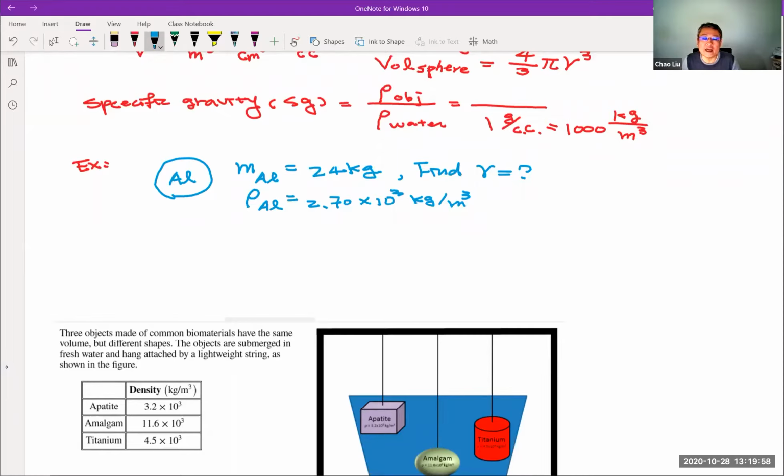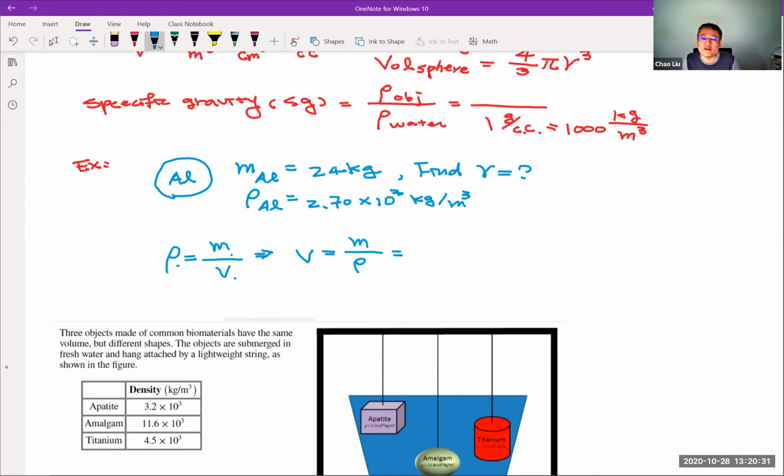Now you look at the equation that we have. The density is simply equal to the mass divided by the volume. And because we are given the density and we are given the mass, actually what we need is the volume. So we can rewrite this as the volume is equal to the mass divided by the density. And what is the volume equal to?